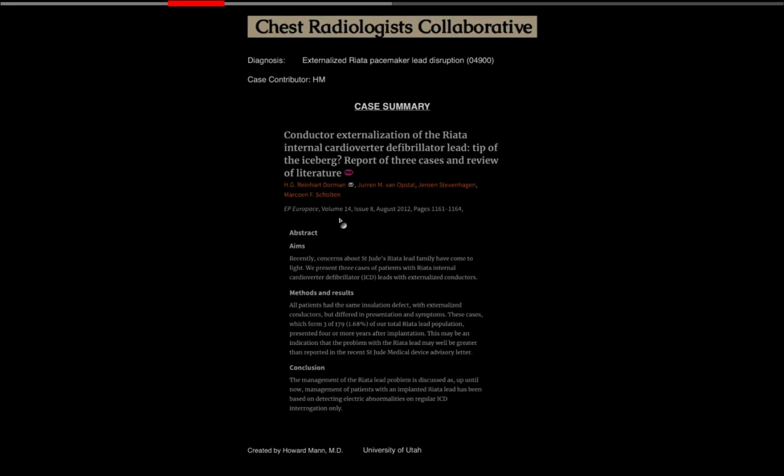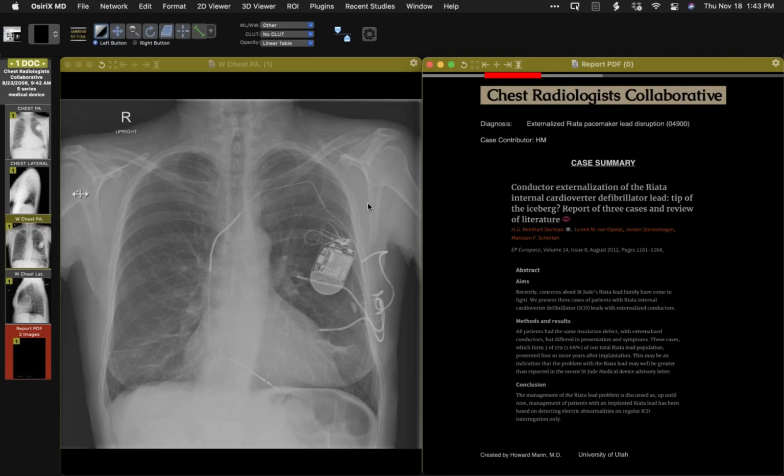There may be some people that have some degree of externalization, but things still work. But of course, if a patient has a lead that's not working, then for this particular lead, that's called externalization, literal breakage down of the lead, and it comes right out of the insulation and it's basically broken down.